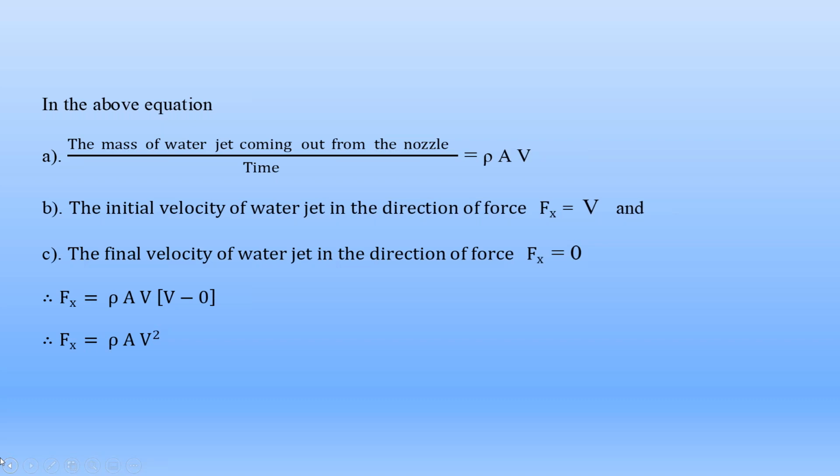In this entire concept of the impact of water jet on metal plates, whenever we calculate the force Fx or the force Fy exerted by the water jet on the metal plate, find the initial velocity in the direction of force F, find the final velocity in the direction of force F, and apply Newton's second law.